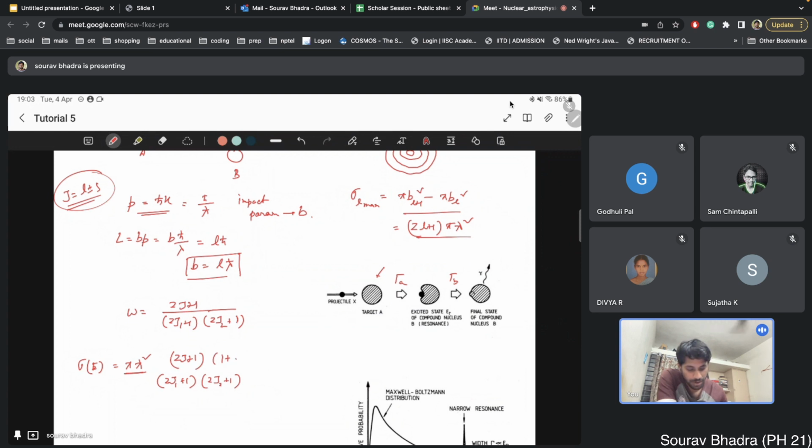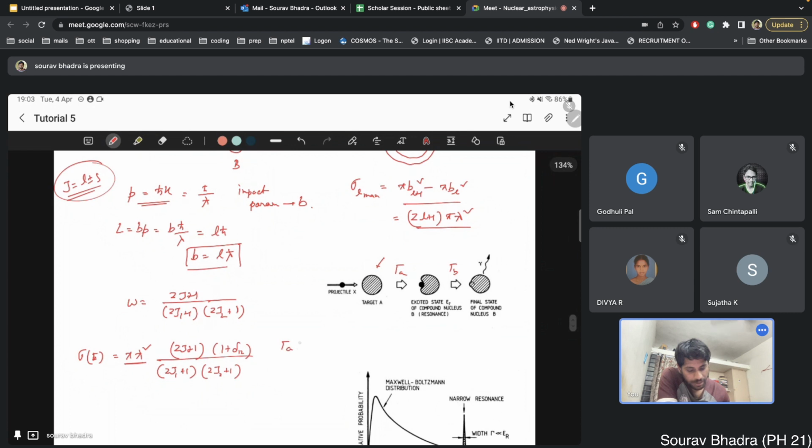And the tau A, tau B, and E minus ER. This is important. It actually comes from the analogy of the damped oscillator, which cannot be shown here. So this term comes from that, where ER is your resonant energy.